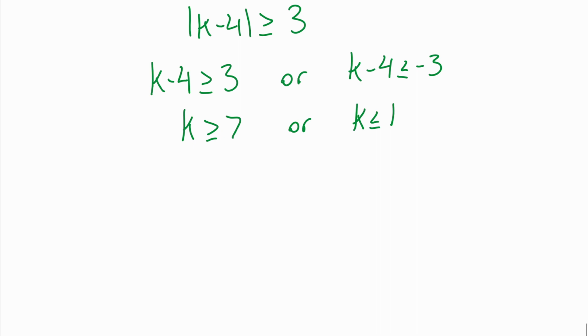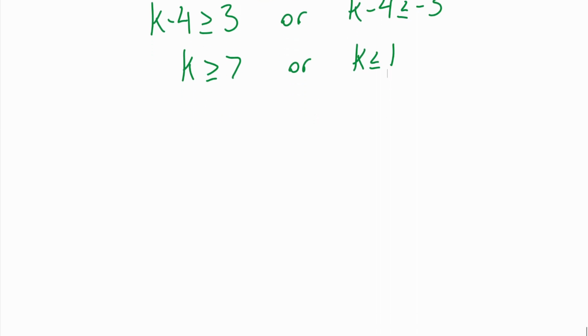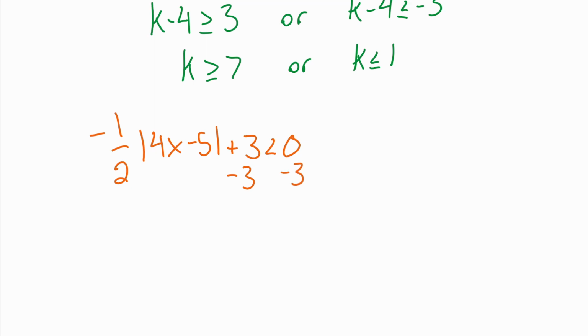Now let's do a bit of a trickier one here. Let's say we have negative 1/2 times the absolute value of 4x minus 5, plus 3 is less than 0. Okay. So we need to subtract 3 first. Like I said, we should get the absolute value by itself first.